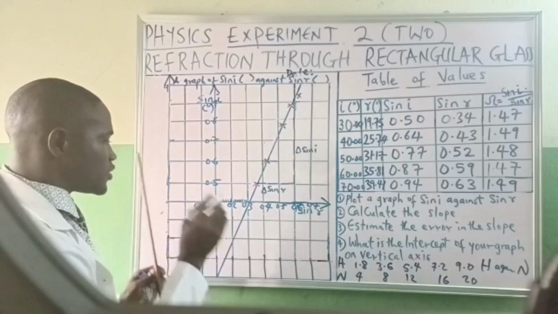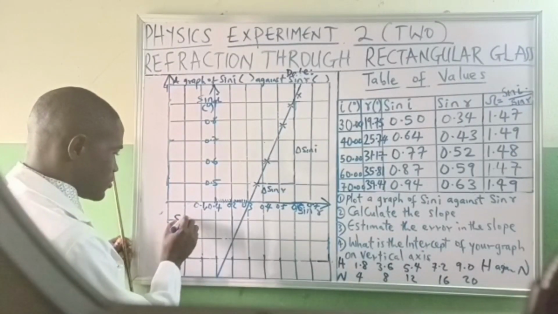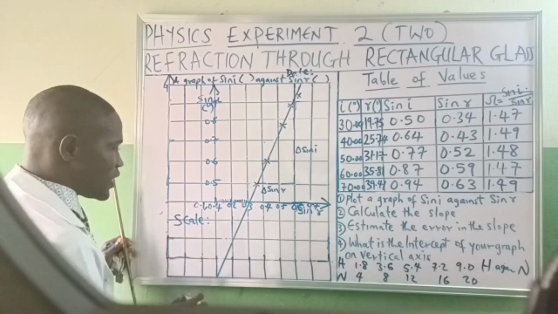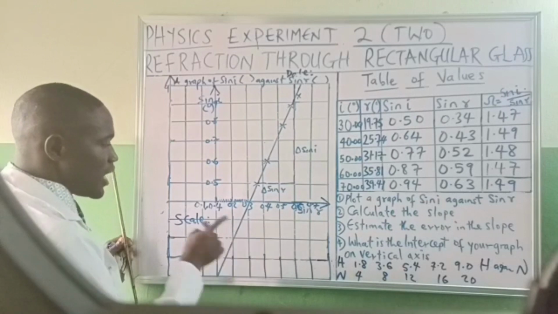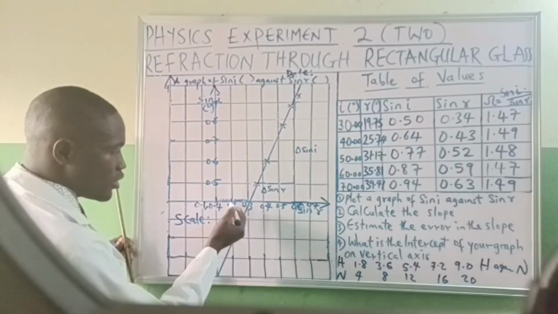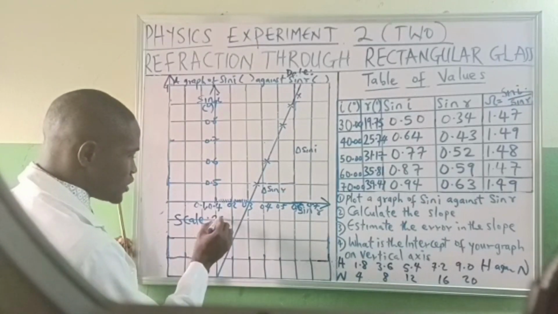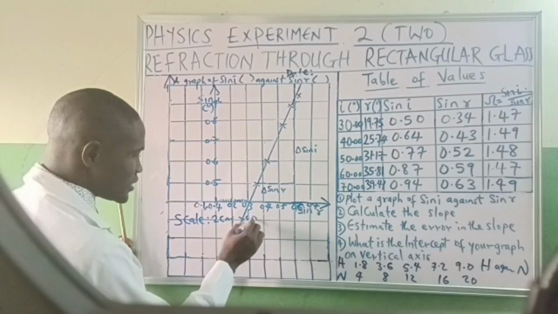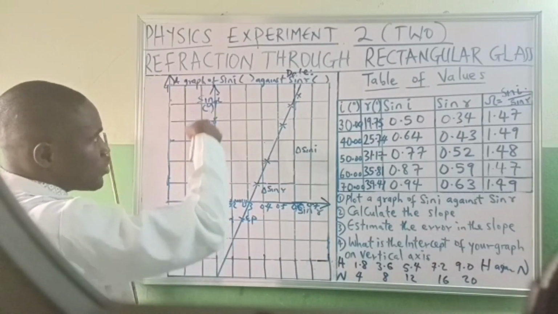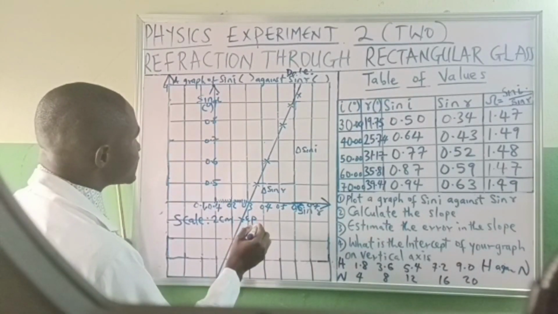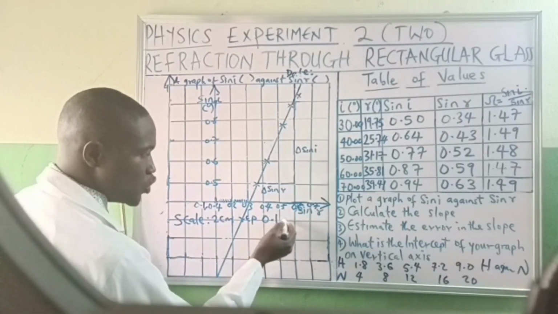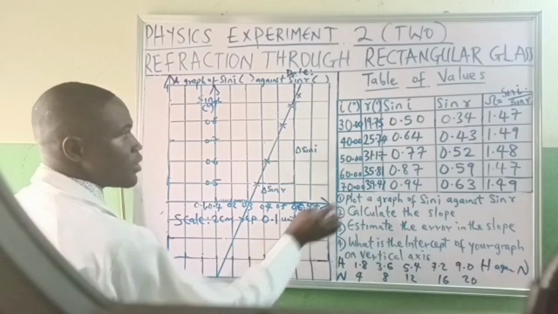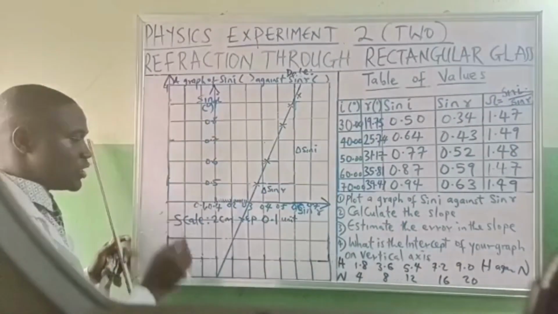You have to write your scale. Don't forget to write your scale, either on the top or on the bottom part of the graph sheet. Now for the scale here, each of these big boxes is 2 cm. 2 cm represents, for the vertical axis, 0.1 unit. No unit is attached to it, because sin i has no unit.